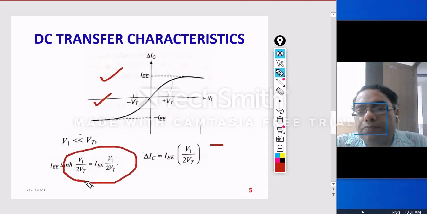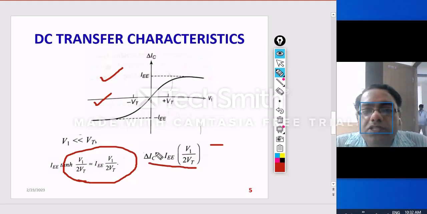Just note this. So we need not write tanh if V1 is much less than Vt, and this is the DC transfer characteristic curve. So del IC is given by this, so we see that the differential current is proportional to V1.